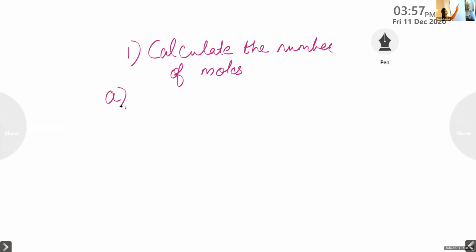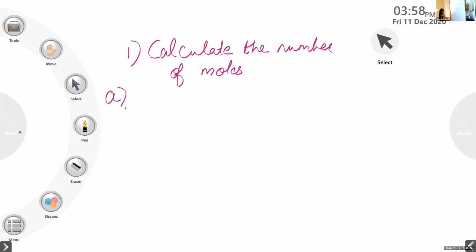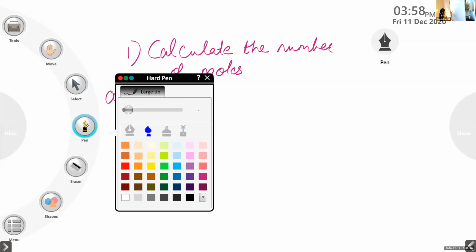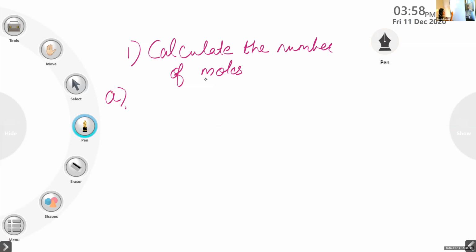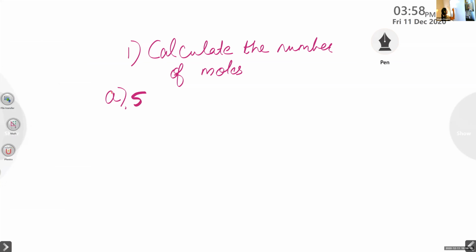First one, just wait. Okay, first one, 52 gram of helium. 52 gram of helium.